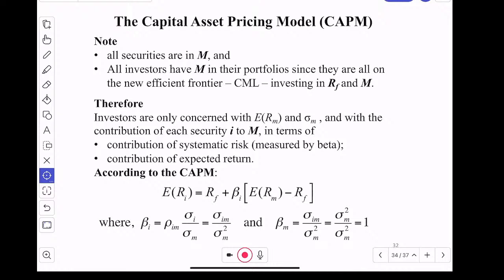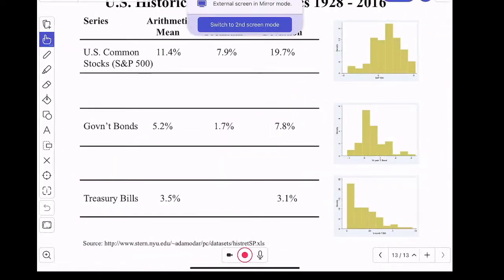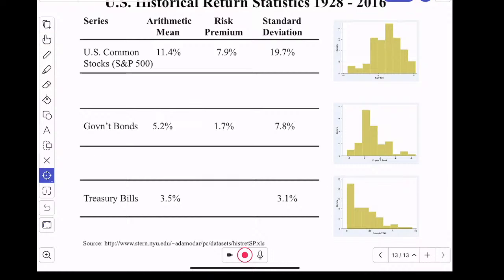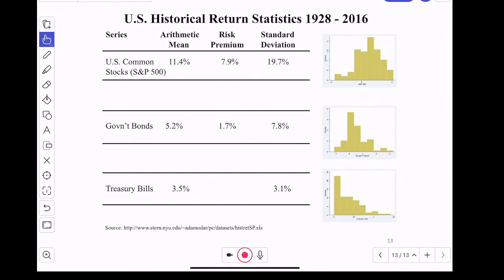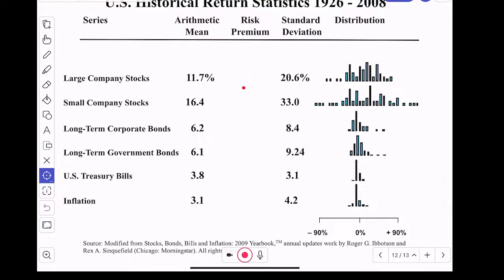Remember this discussion here. This is in the previous set of notes. The risk premium. What's the risk premium? Remember the discussion about the risk premium? I asked you to calculate all of these. They were calculated as the return, the difference between the return over and above the T-bill rate.